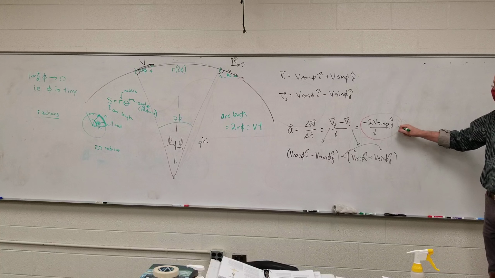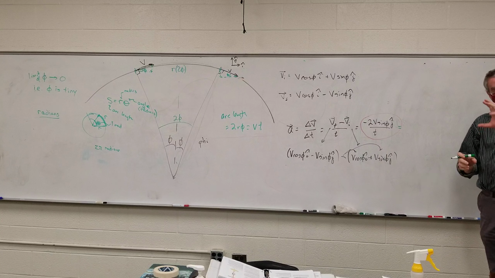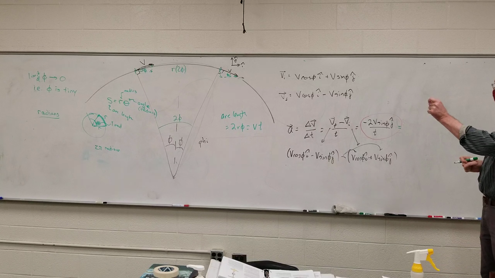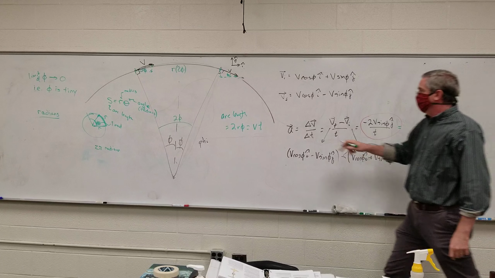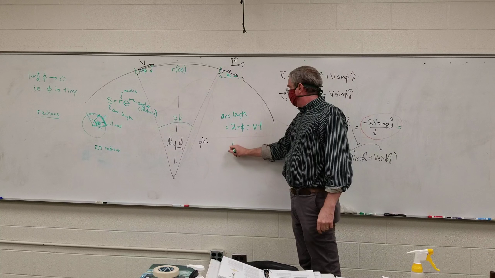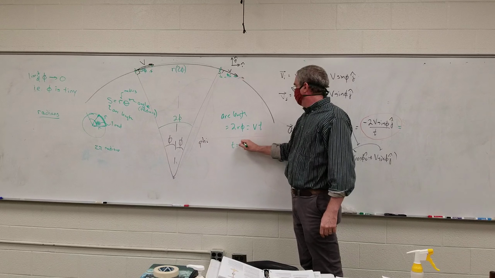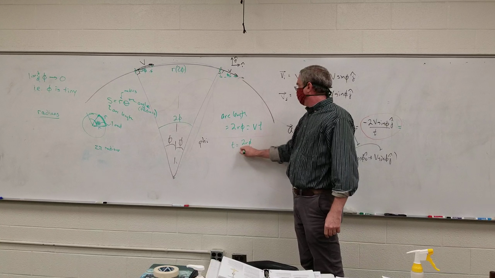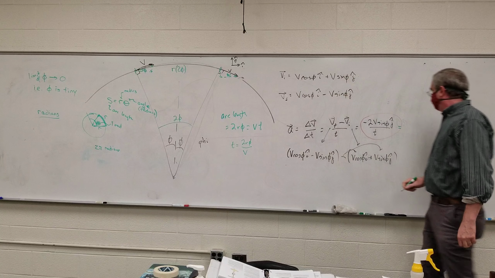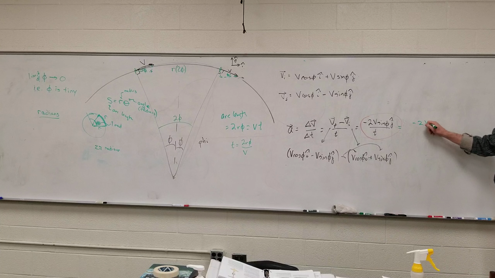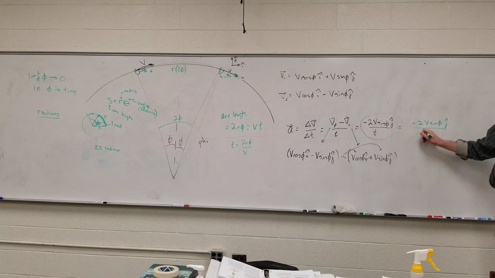Let's go ahead and make that first substitution, and then we'll talk about how to deal with the sine phi and phi, and that gets into phi being tiny. So over here, time would be equal to 2r phi divided by v. So this becomes negative 2v sine phi j hat divided by 2r phi over v.